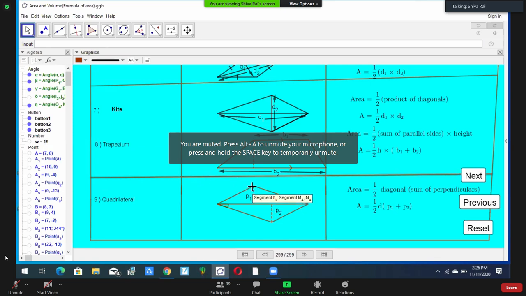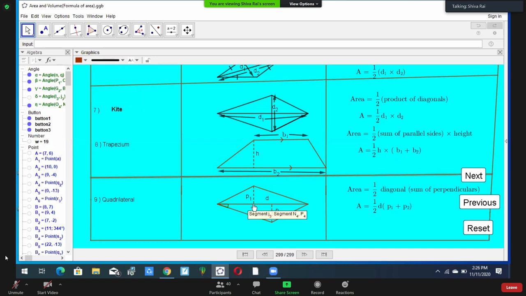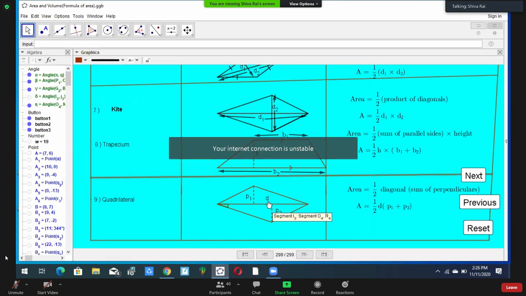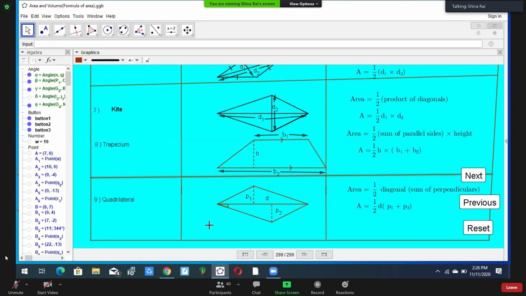From this vertex to this diagonal, a perpendicular is drawn, and from the other vertex also. D means diagonal. If the diagonal and perpendiculars are given like this, we can find out the area of the quadrilateral.